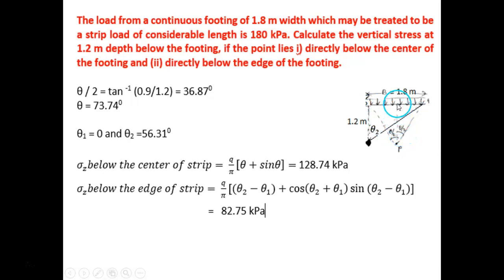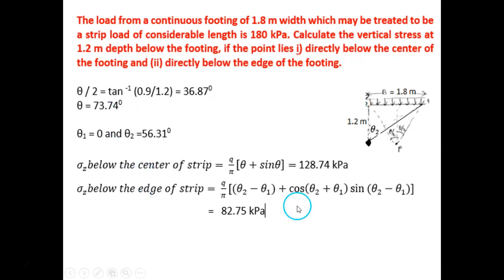If you take this right angled triangle, then tan theta equals 0.9, half of this width, by 1.2. From this we can find the value of theta as 73.74. Theta by 2 value will be 36.87. Because we want theta, we have to multiply with 2, which is 73.74 degrees.